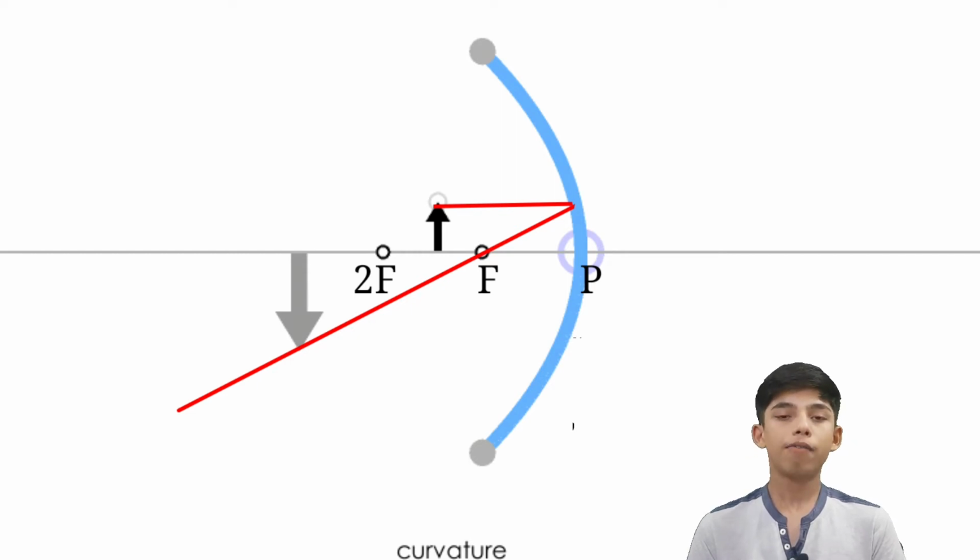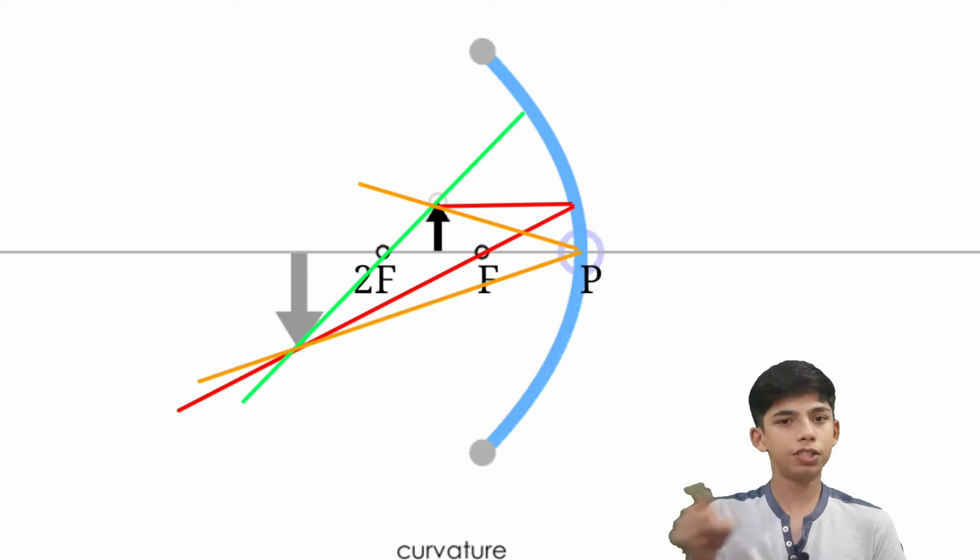Now we have another ray which passes through the center of curvature, and one more ray which hits the pole and gets reflected. By the way, you can use any 2 of these 3 rays in order to get the image, right? So we have these 3 rays, 2 are enough, and now here we got our image, right?